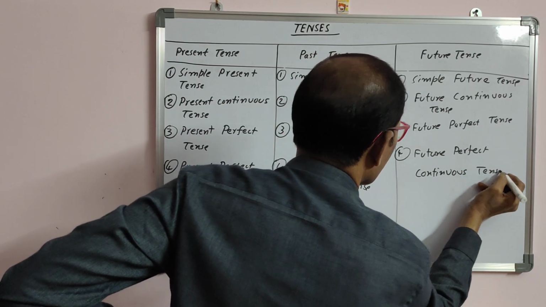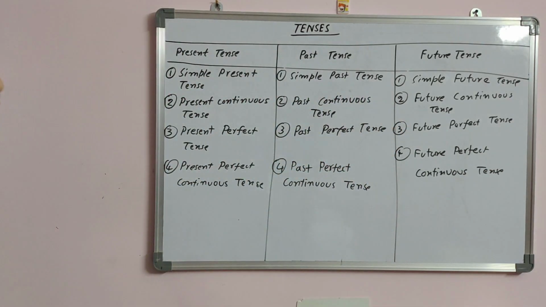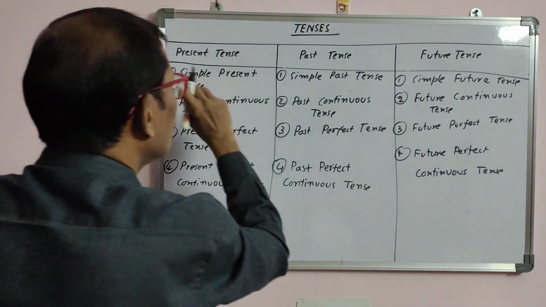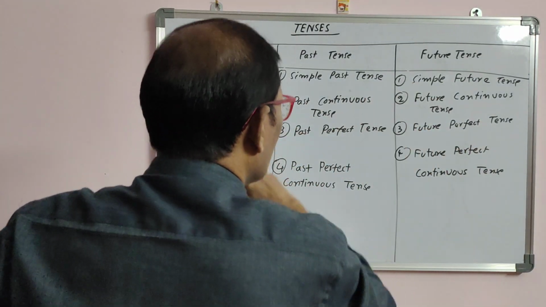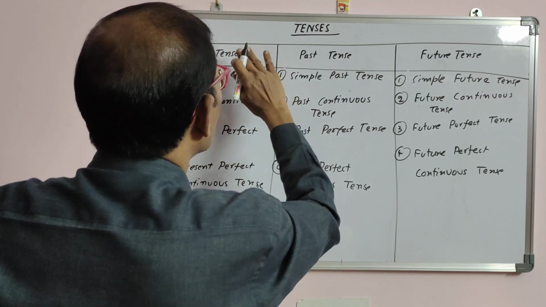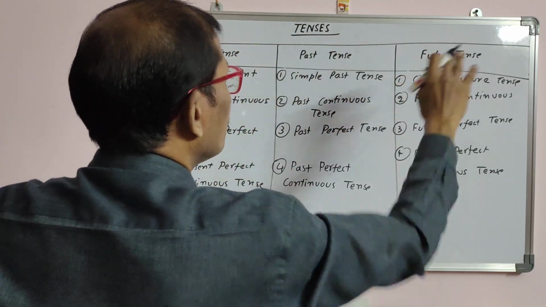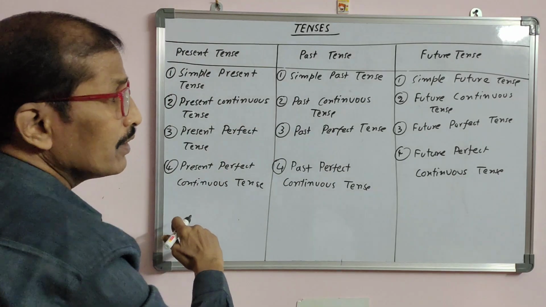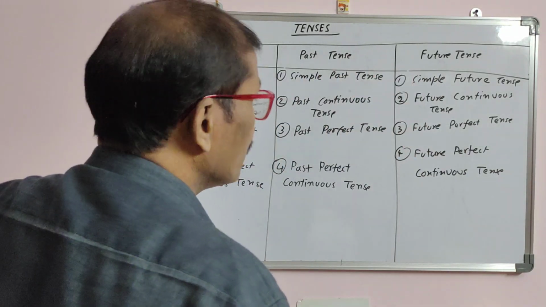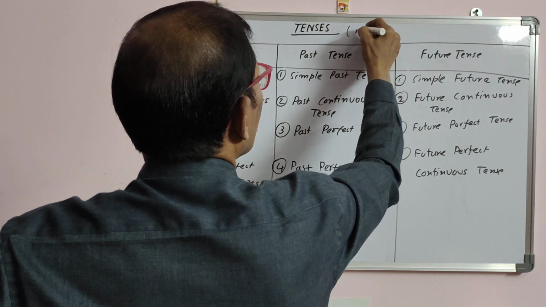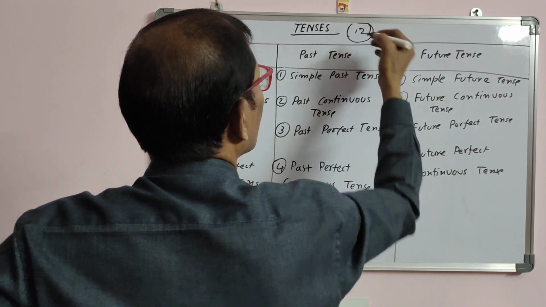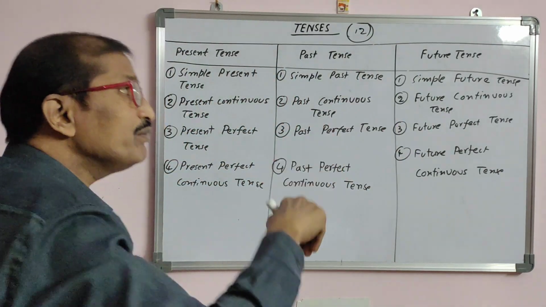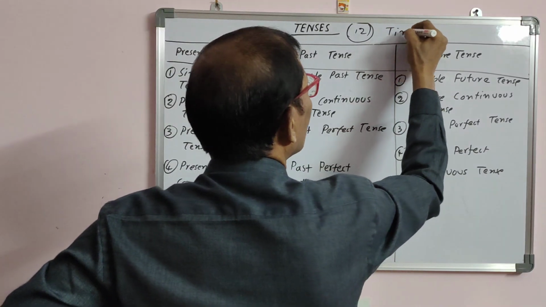Okay? How many tenses are there for a verb? Totally 12. 4 into 3. Main ones are present, past, future tenses. Each one is divided into 4. 4 into 3, 12. Totally 12 types of timings are there for a verb.